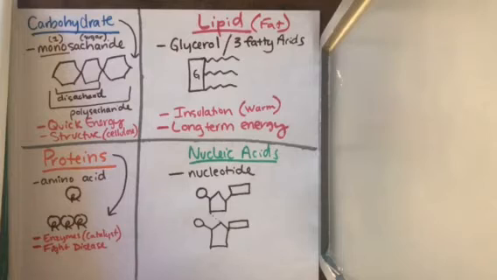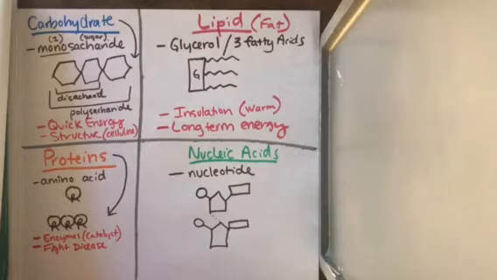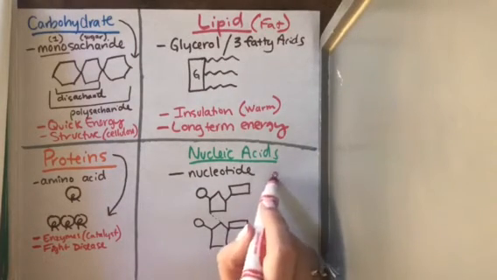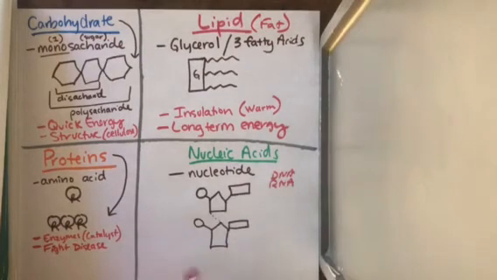Okay, and then nucleic acids. They do a lot of other jobs, but these are probably the most important. Nucleic acids. So these are things like DNA and RNA. And I'll just write that over here. DNA and RNA.